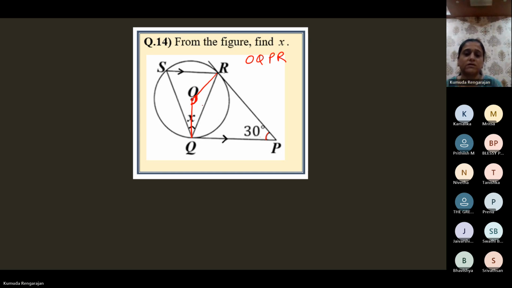If this is 150, 180 minus 150 is 30, so these two will share 15, 15. Now, if this is 150, this is going to be 75. Correct?